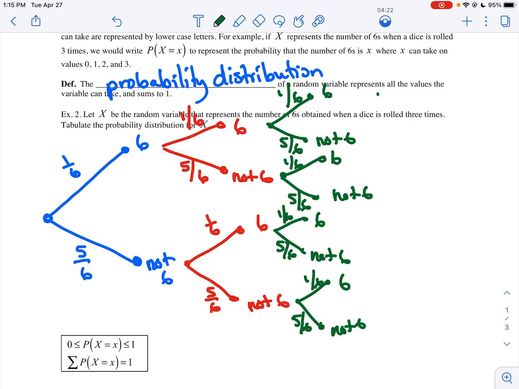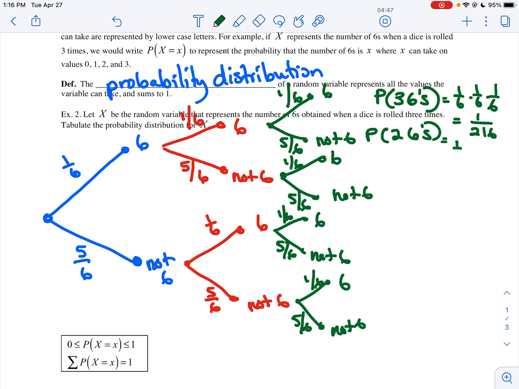So the probability of getting 3 sixes would be 1/6 times 1/6 times 1/6, which is 1 out of 216. The probability of getting 2 sixes here, well, you would have gotten 1/6, 1/6, 5/6, which is 5 over 216.